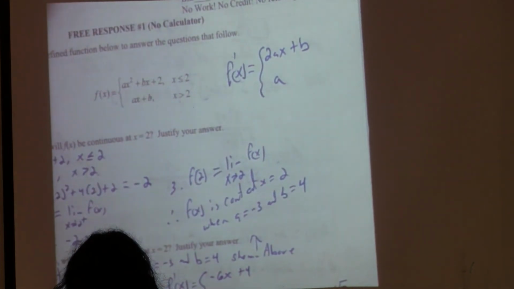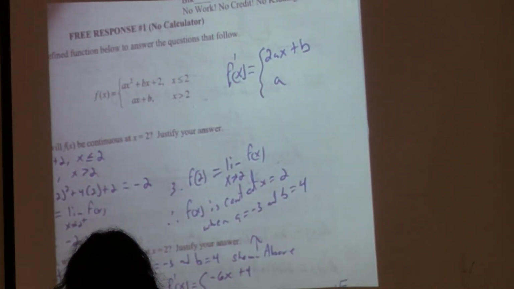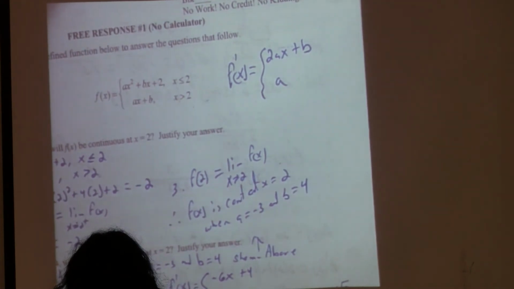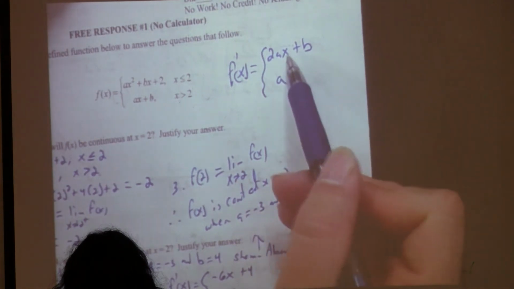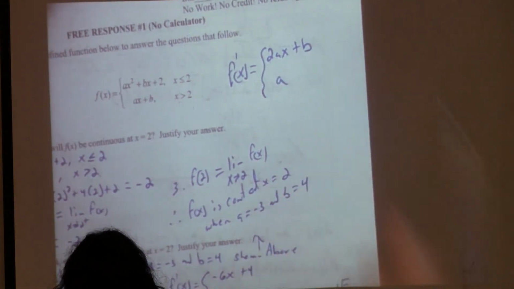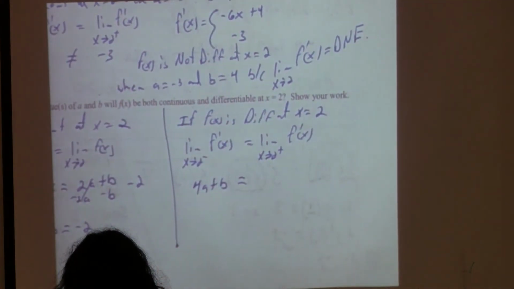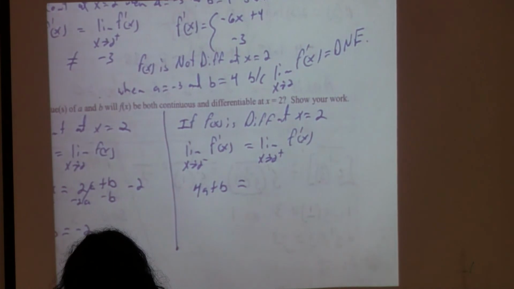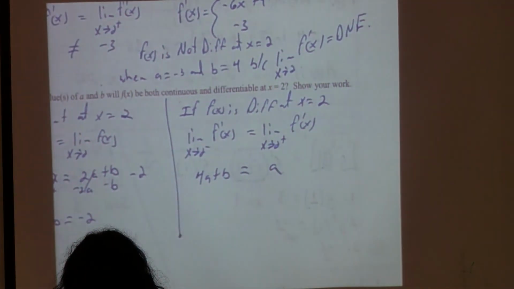So now we're going to plug in a 2 into the top one and a 2 into the bottom one for what letter? X, okay? So put a 2 here, we get 2 times 2. So we get 4a plus b for the limit from the left, equals, and on the right side, there's nowhere to put a 2, so we just end up with A. Be careful, okay?